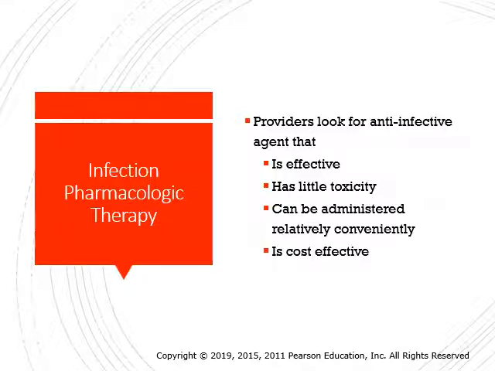These are all things part of a program called antibiotic stewardship that helps us as much as possible prevent overuse of antibiotics and the inappropriate use of antibiotics. So pharmacy usually manages this, but these are some of the things that the providers look for when they're choosing a therapy.